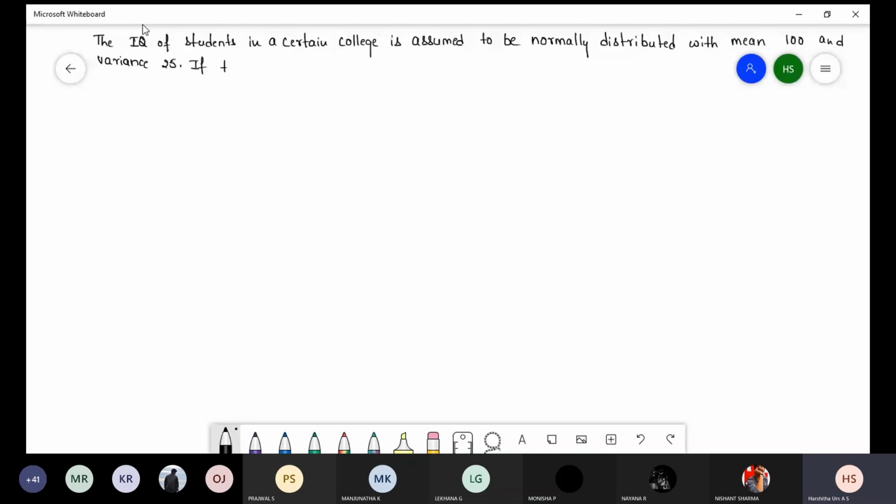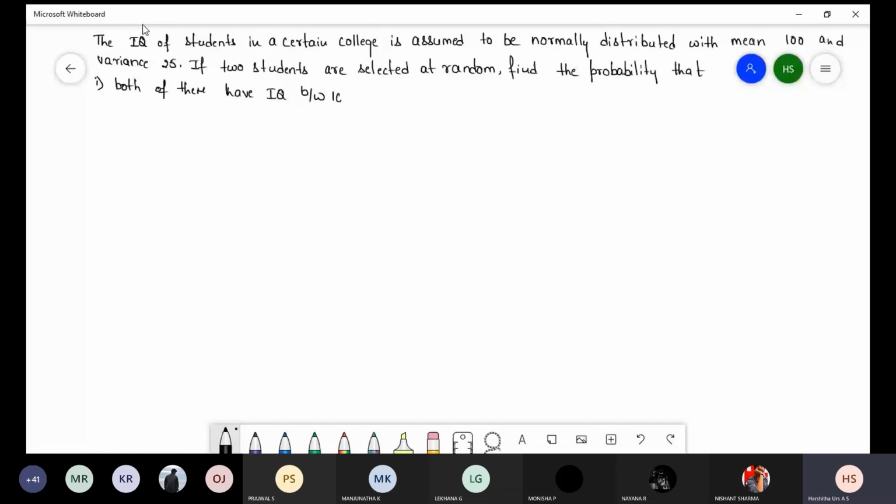If two students are selected at random, find the probability that, first one, both of them have IQ between 102 and 110.